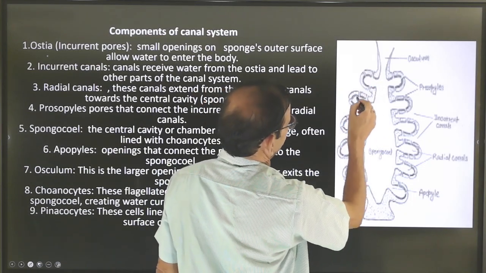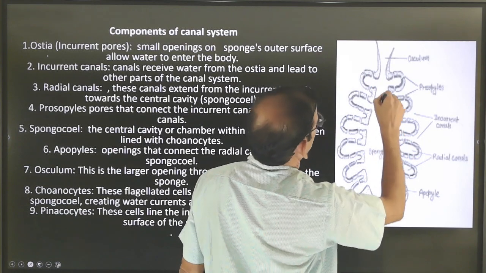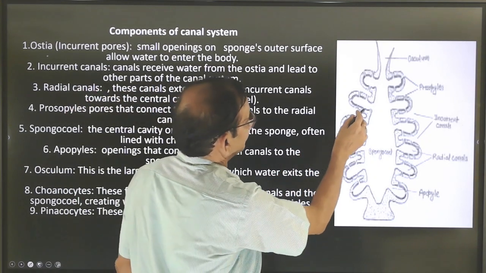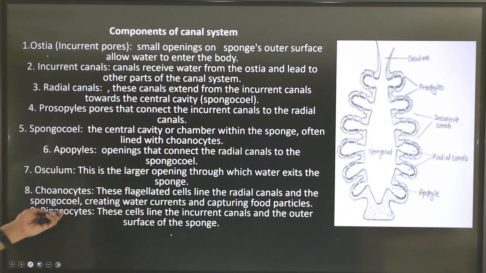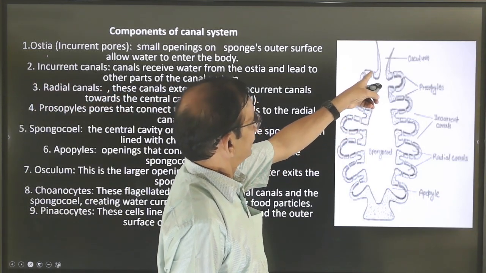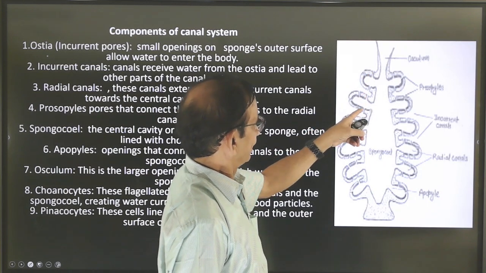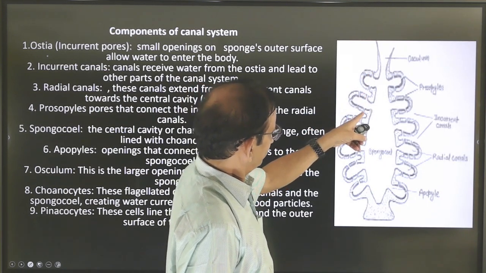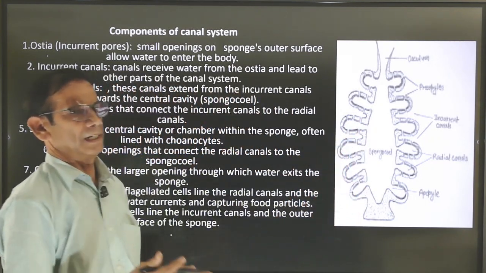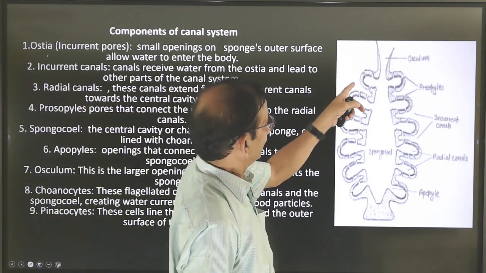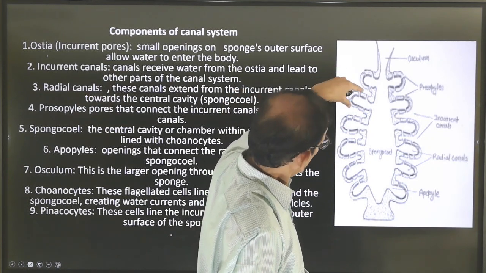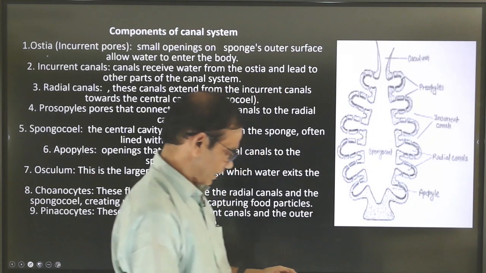Through this, water is moved inside the spongocoel and then moves out. Prosopyle is the opening between the incurrent and radial canal, and the opening from radial canal to spongocoel is called apopyle. What is incurrent canal? What is radial canal? The canal which carries water inward is called incurrent canal, and the one which carries it outward is called radial canal.